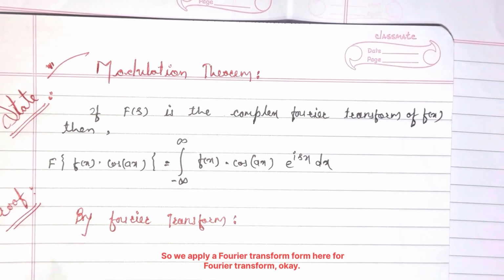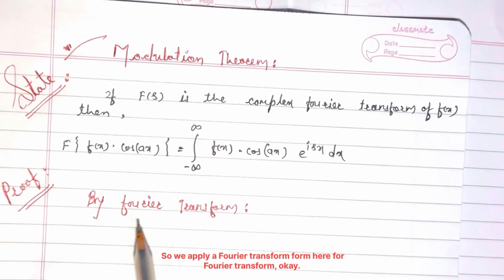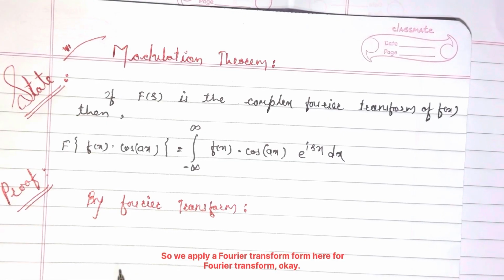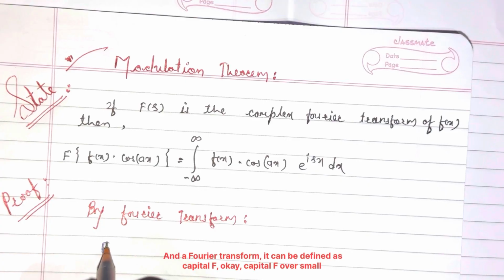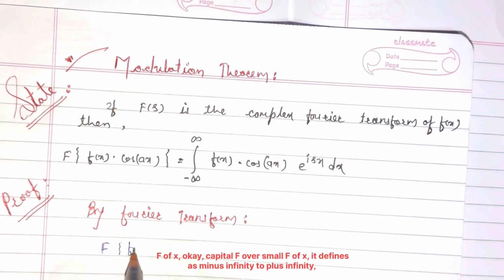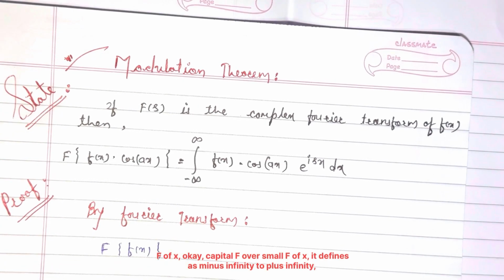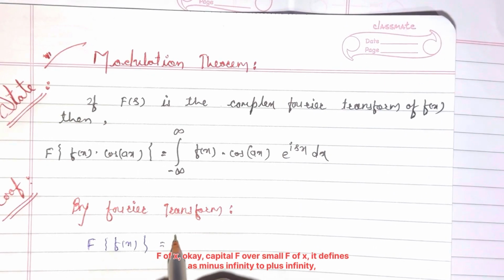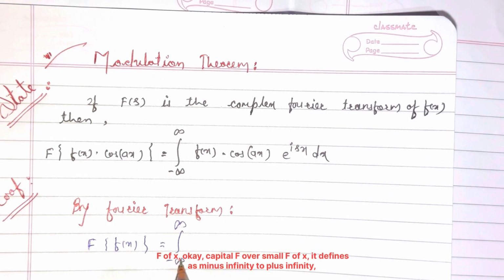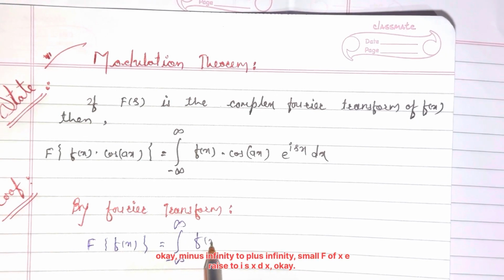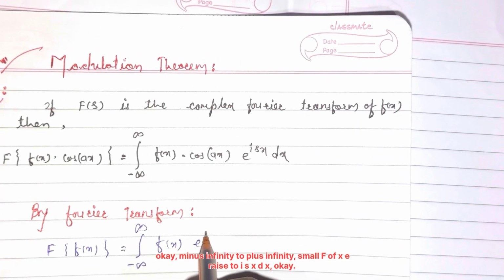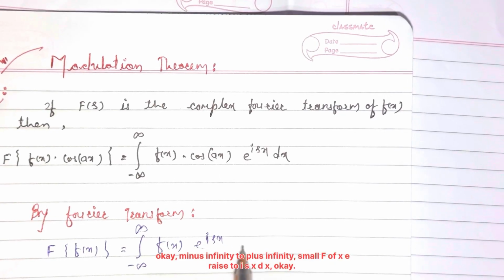We apply the Fourier transform here. The Fourier transform can be defined as capital F over small f of x, defined as the integral from minus infinity to plus infinity of small f of x e raised to isx dx.